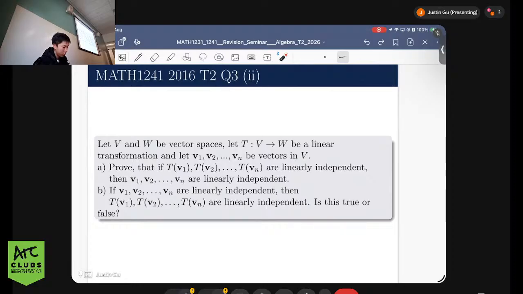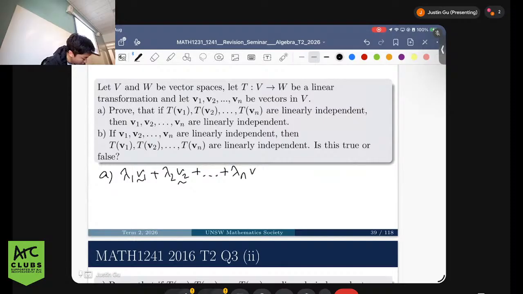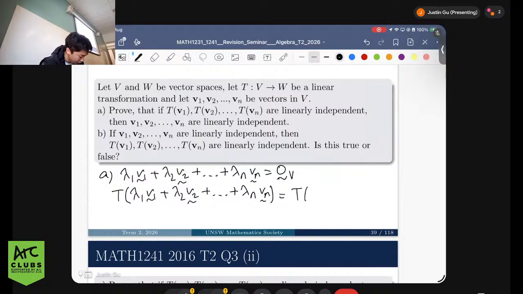Okay, I'm going to go through this question now. First of all, for part A, what we can do is suppose that lambda 1 v1 plus, all the way to lambda n vn, we suppose that this is equal to our zero vector here in V. If we apply the linear transformation to both sides, we have this equal to T of the zero vector.